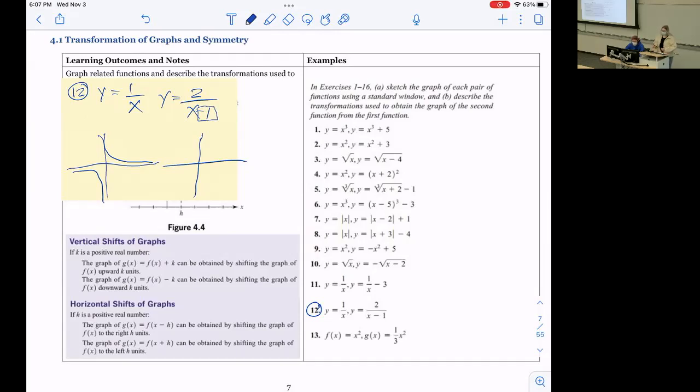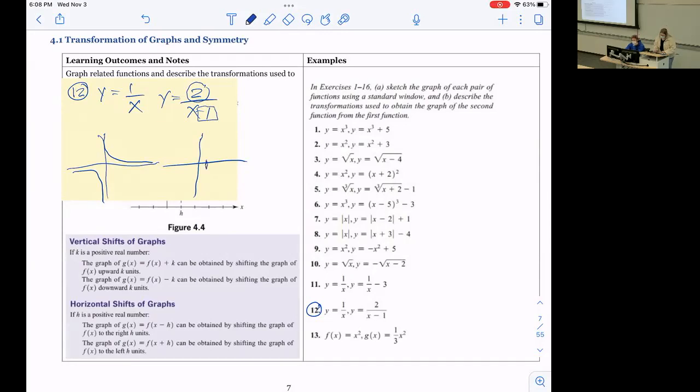Okay, so like I said, we're going to have a horizontal shift to the right of 1 unit. And then we also have this 2 up here, which means we are going to have a stretch by 2 units. So since it's a 2, it's greater than 1. We know that this graph is going to be steeper than the original 1 over x.